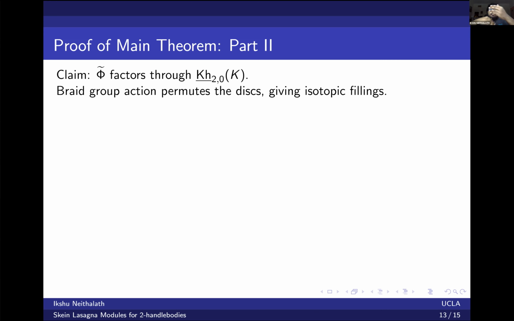Well, the braid group is just moving the link components around. So if I do that first and then apply the map phi tilde, I'll get essentially the same lasagna filling, just some of those disks will have been moved around by some isotopy. So it's a different filling, but they're isotopic, the disks have just been permuted. So ultimately it's equivalent in the Skein Lasagna module. Hopefully that's not too difficult to see.